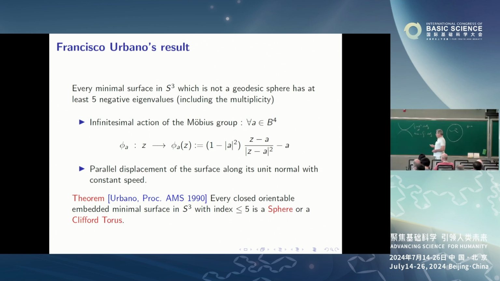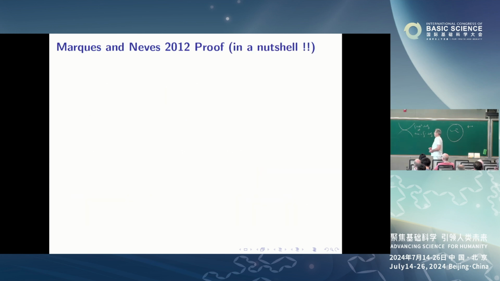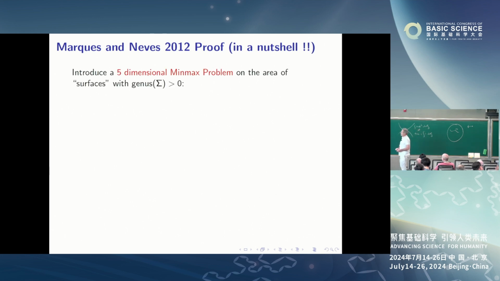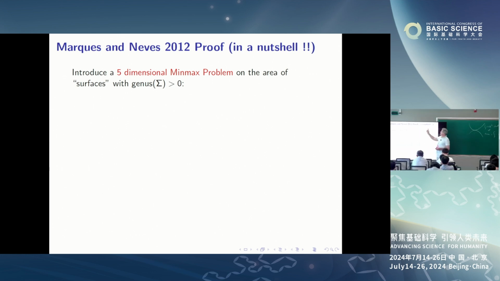So now how do you prove the Willmore conjecture? In a nutshell, first of all, you introduce a min-max problem on the area for surfaces with genus strictly larger than 0. And here you see surfaces is very vague.